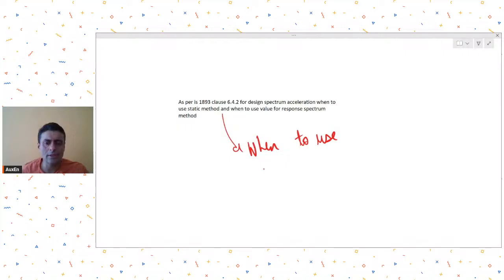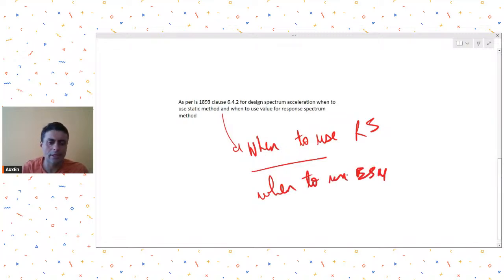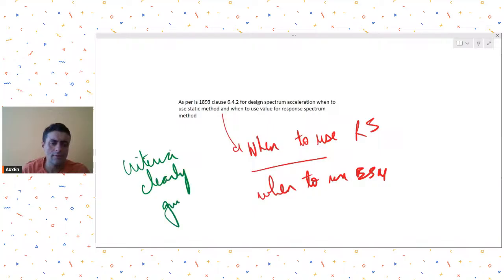That criteria for when to use equivalent static is quite clearly given in IS 1893 Part 1, so you can refer to that. It will depend on the zone. I think up to 15 meters height in zone 3, if I remember correctly.